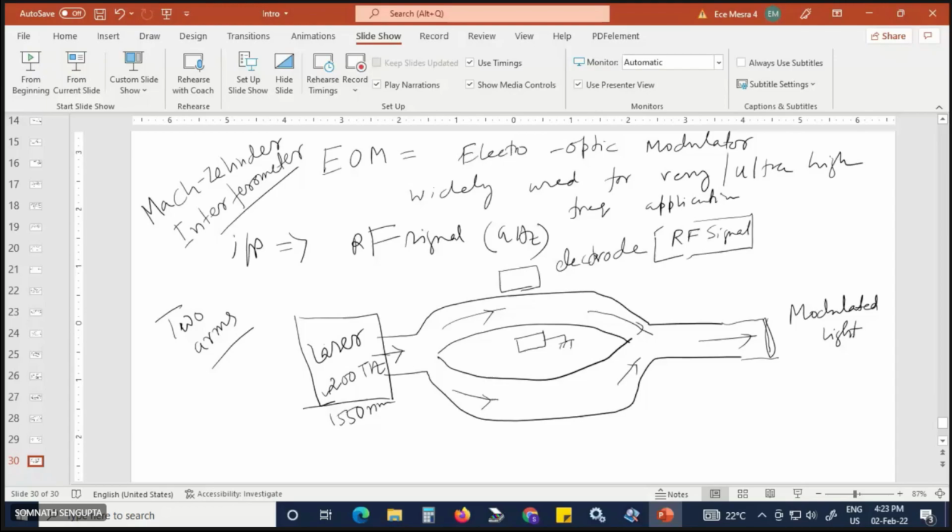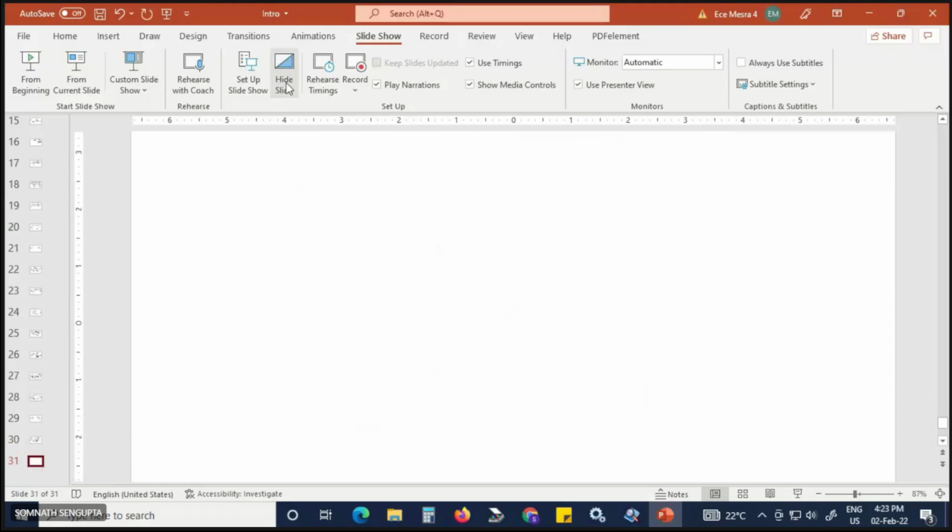Now what is the basic principle? The waveguide is made from lithium niobate crystal, LiNbO3.